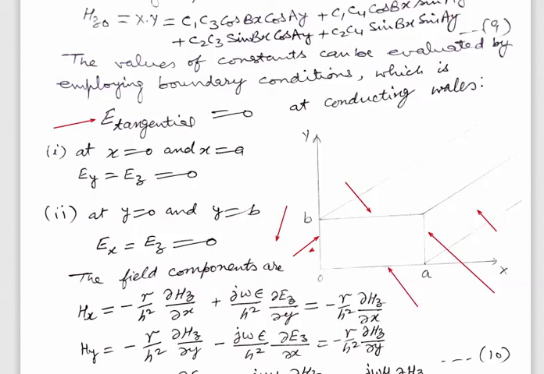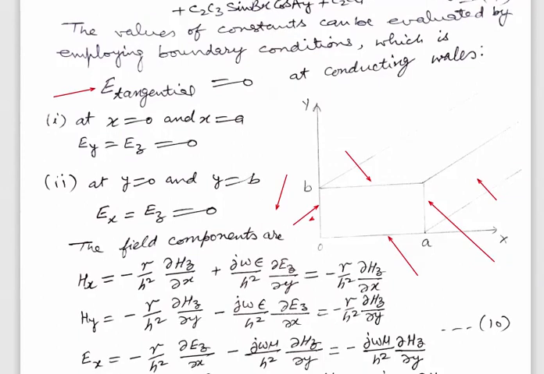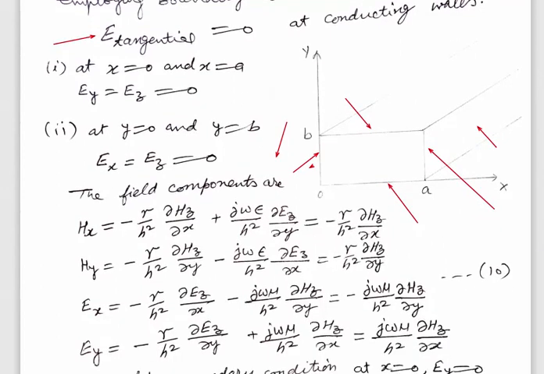So these surfaces which lie in the xz plane, the tangential components will be Ex and Ez, and therefore they both will be 0 at these surfaces, and only the normal component which is along y axis can exist here. So these are the boundary conditions. We apply these boundary conditions one by one to evaluate the coefficients.